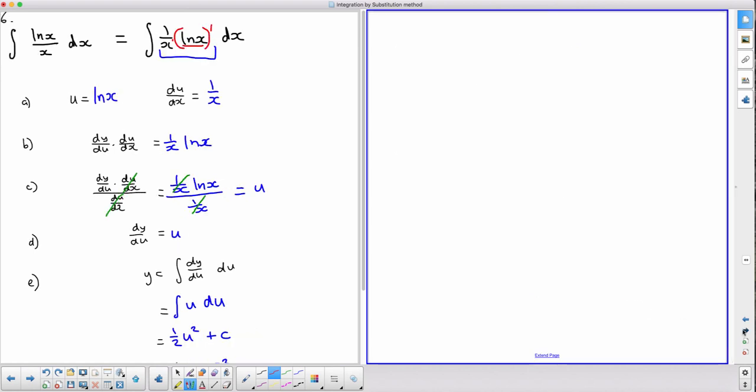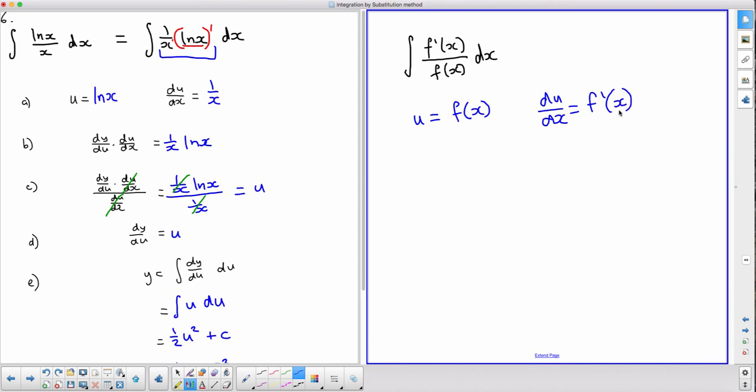In fact, the last two examples can be generalized into the form that we have a derivative divided by f of x, dx. We let u equal f of x, then du by dx is f prime of x.